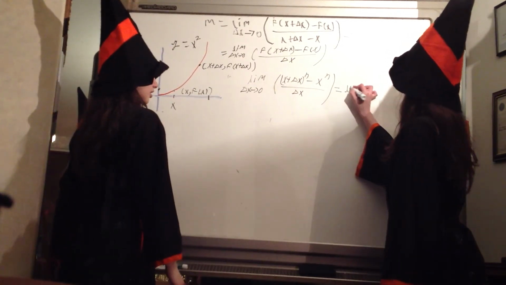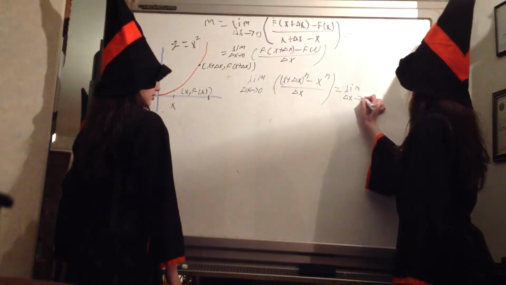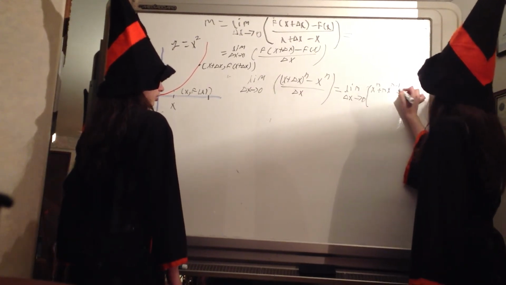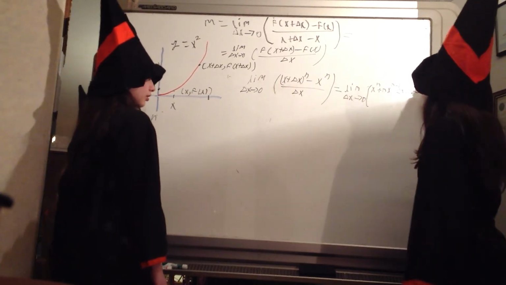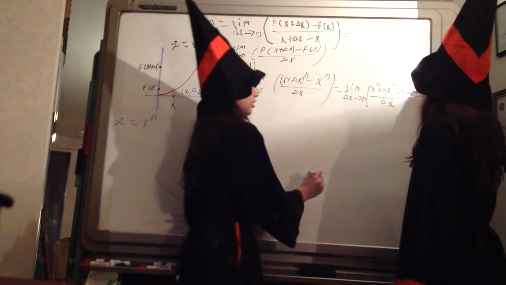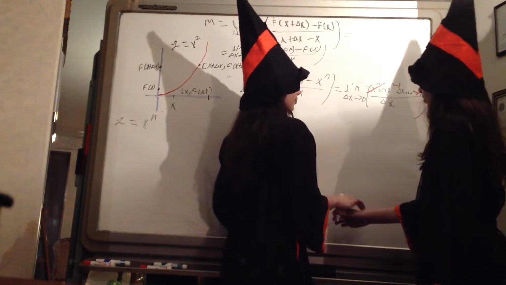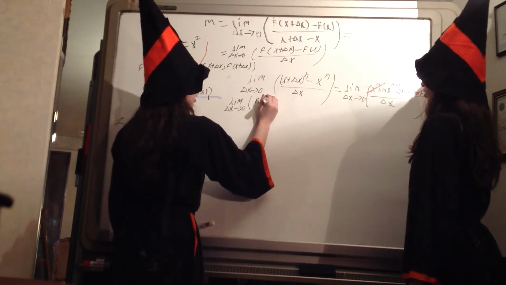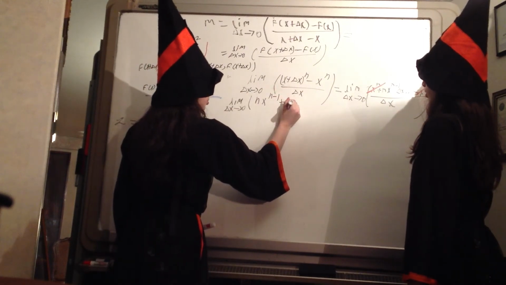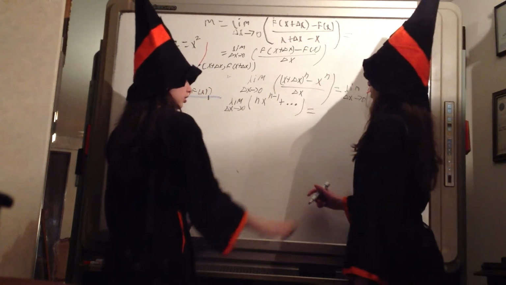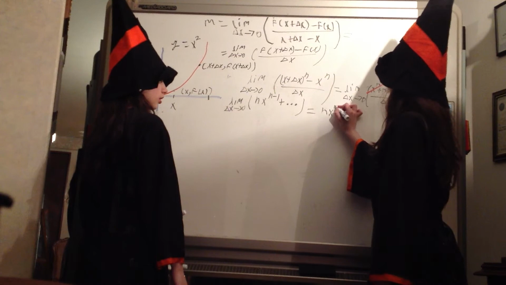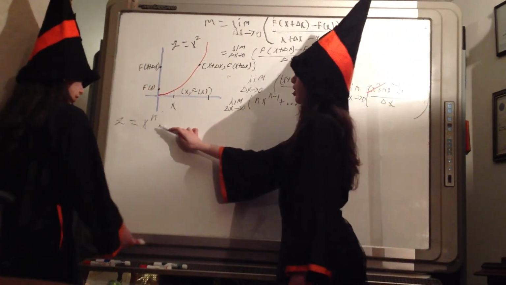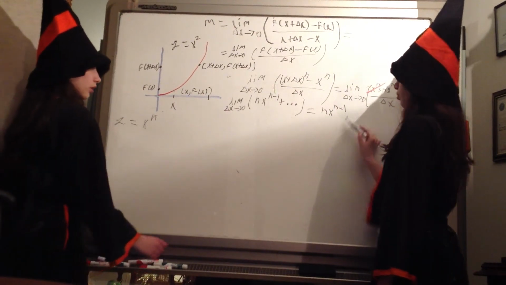And so this is equal to the limit when delta x approaches 0 of x to the n plus n x to the n minus 1 delta x and all the next terms minus x to the n all over delta x, and this x to the n cancels with this x to the n, and so the limit when delta x approaches 0 of n x to the n minus 1 plus all the next terms, and if we take the limit, we have n times x to the n minus 1 because all the next terms become 0, and so the slope at any point of y equals x to the n is equal to n times x to the n minus 1.